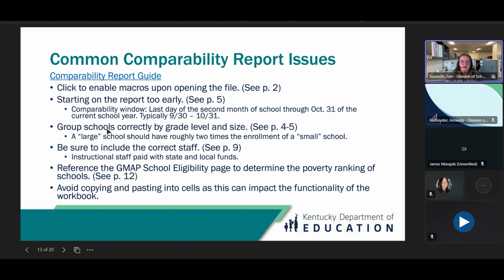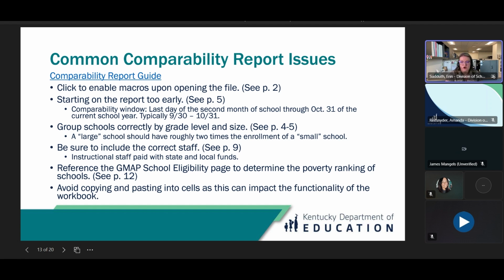You also want to make sure that you've got all of your schools grouped correctly by both grade level and size. If a district doesn't have schools with overlapping grade spans, then grouping by grade is very straightforward. K through 5, 6 through 8, 9 through 12, for example.